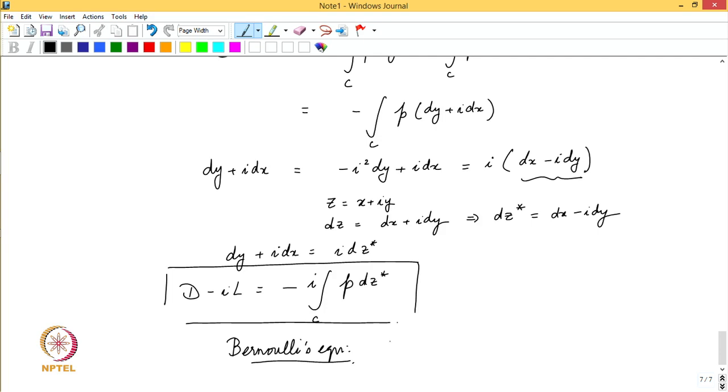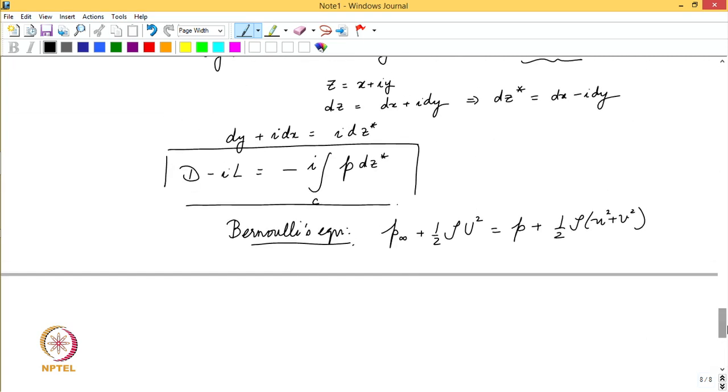So, we can say that far away, the pressure is some p infinity and the velocity is uniform, which we say as capital U. So, p infinity plus half rho U square must be the pressure on the solid plus half rho u square plus v square. Okay. That should be the form of the kinetic energy, and so clearly P should be equal to P infinity plus half rho U square minus half rho u square plus v square.